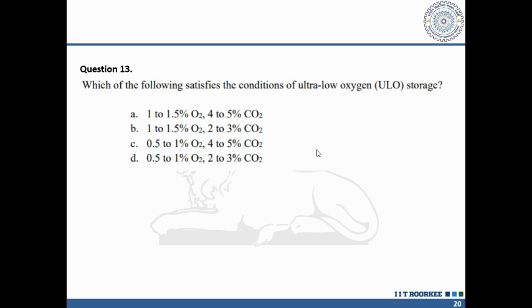B, 1 to 1.5% of O2 and 2 to 3.5% of CO2. C, 0.5 to 1% of O2 and 4 to 5% of CO2. D, 0.5 to 1% of O2 and 2 to 3% of CO2. If you know the answer, please write it in the comment box, then I will tell the right answer.